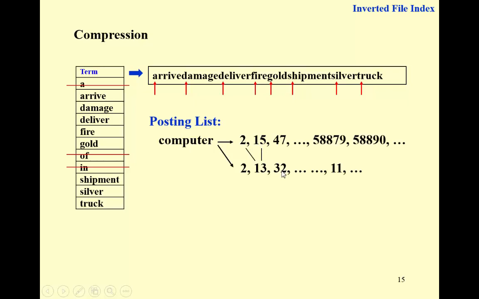So what is 32? 32 is actually 47 minus 15. So what is 11? 11 is the difference of these two big numbers. So these two big numbers are compressed into a relatively small number. And practically speaking, most gaps can be encoded with far fewer than 20 bits, and that solves the problem.